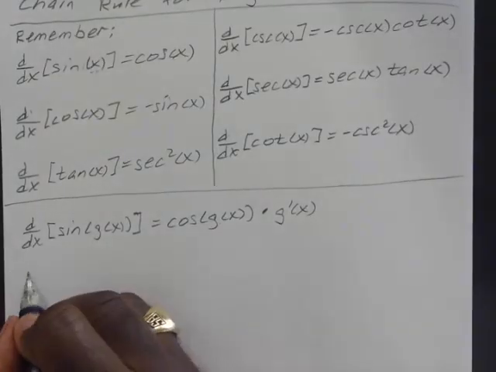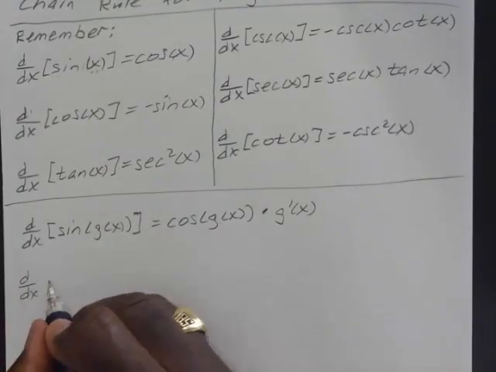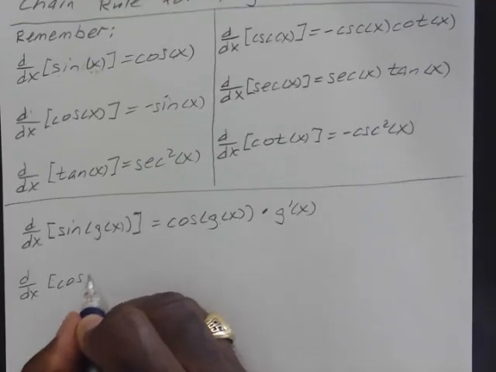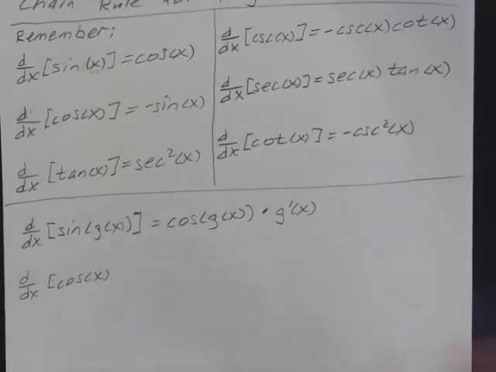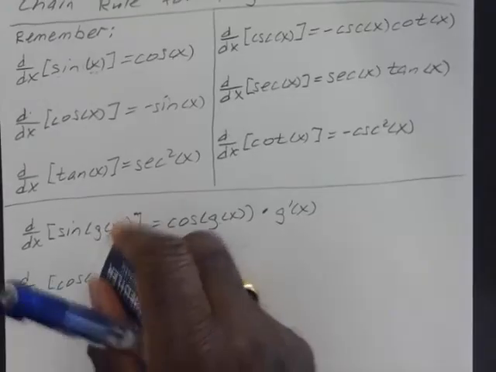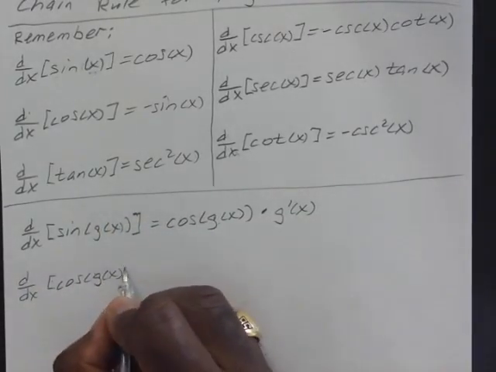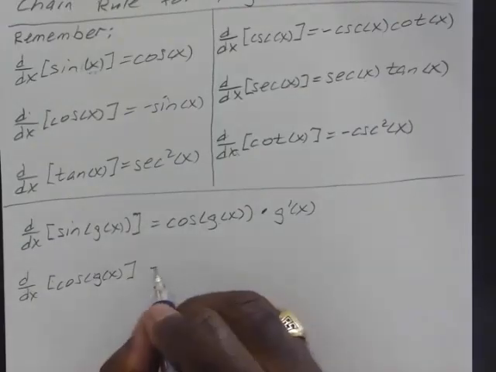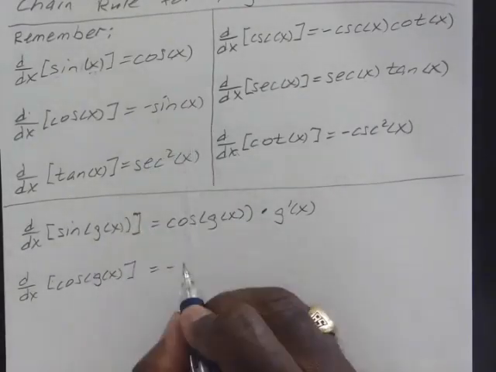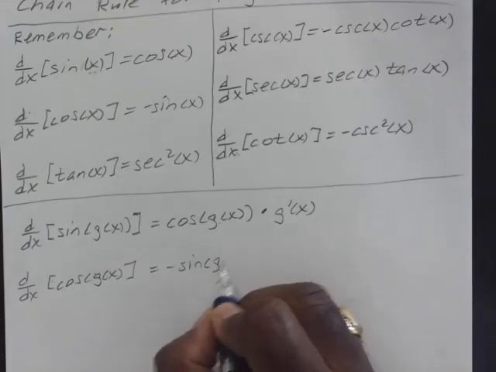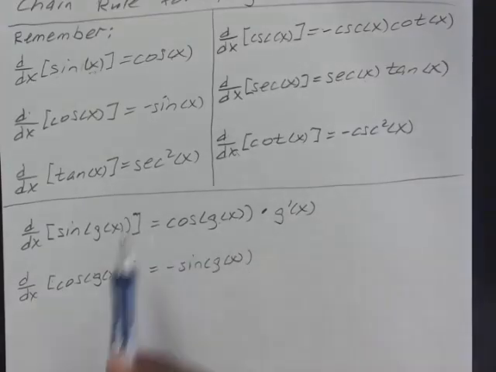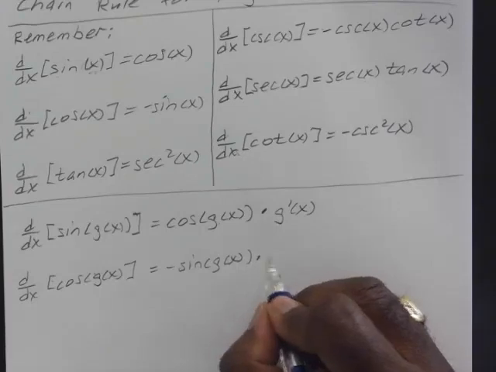Same thing with the derivative of cosine of x. Oh, not cosine, cosine of g of x. That's equal to negative sine of g of x times the derivative of what's inside.